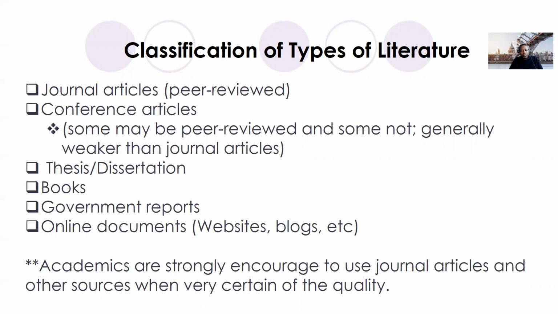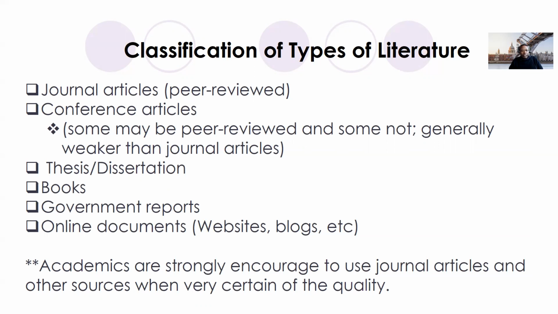And then after that, the commission publishes its findings in the form of reports. Then we also have online documents, websites, blogs, etc. But we have to be very careful with online documents, especially in the era of fake news.